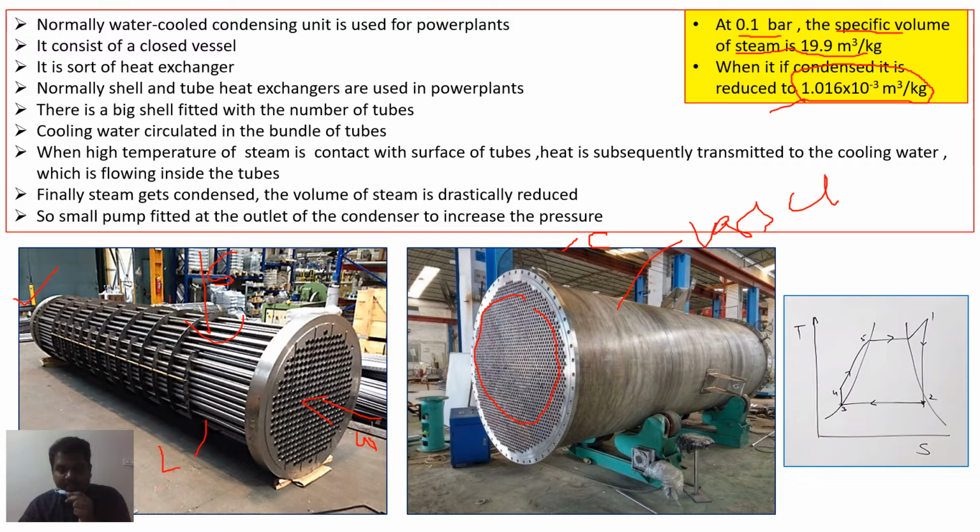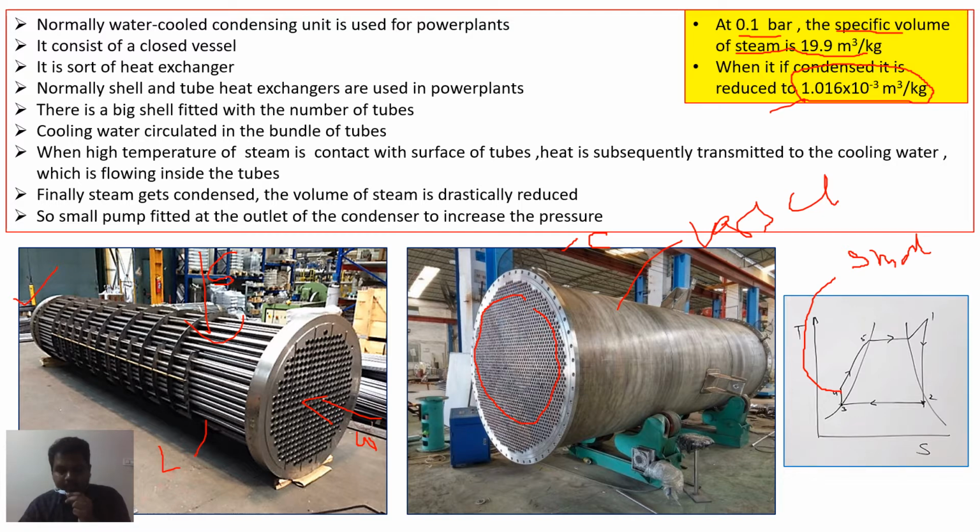Because of this smaller specific volume, in process 3 to 4 we can use a small size of pump. Again I am repeating, if the specific volume is low, we can use small pumps. If the specific volume is high, we need big pumps.